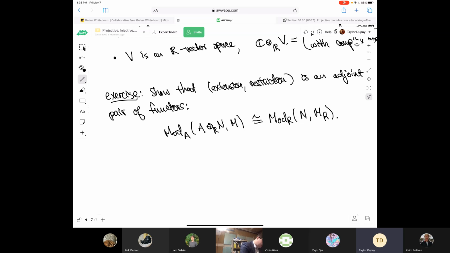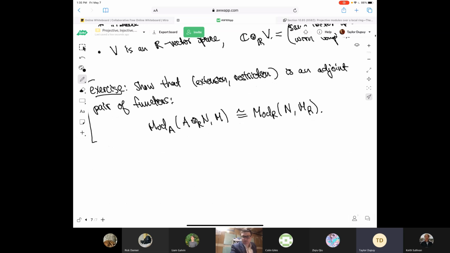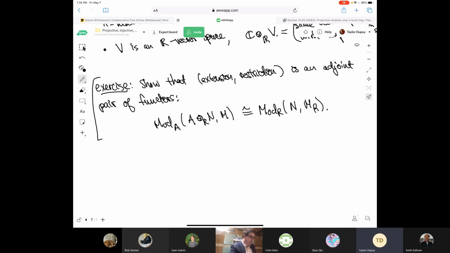So we have this adjunction here, so that extension of scalars is the left adjoint of restriction of scalars. And the way to do this is just the usual tensor-hom thing.